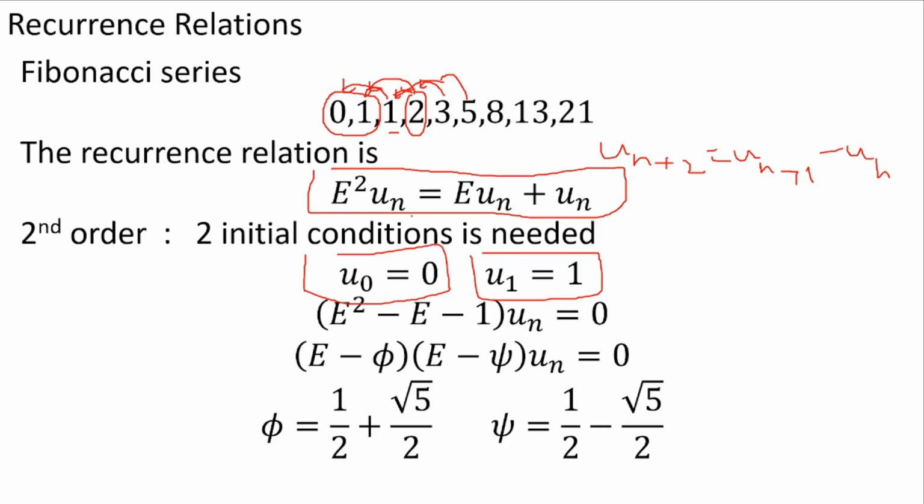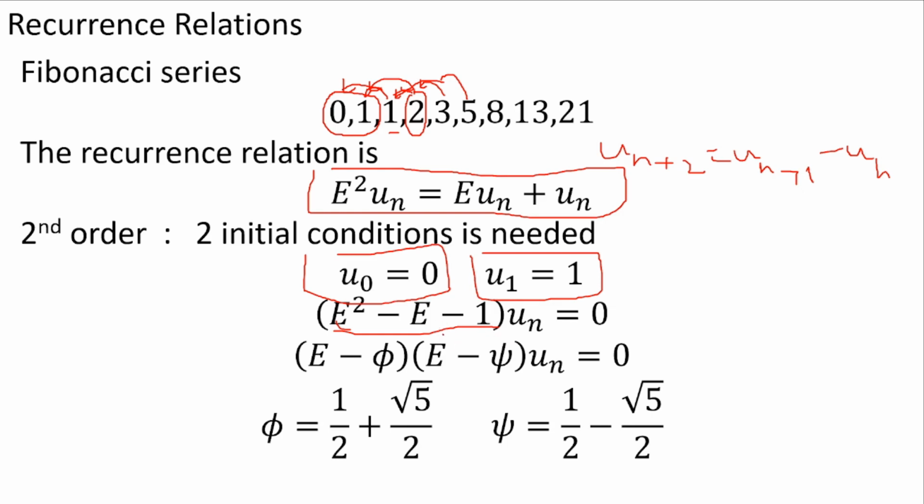We can get e squared minus e minus 1 as a common factor multiplied by un equal to 0. We can factor this equation to be e minus phi and e minus psi, where phi is 1 over 2 plus square root of 5 over 2, and psi is 1 over 2 minus square root of 5 over 2.